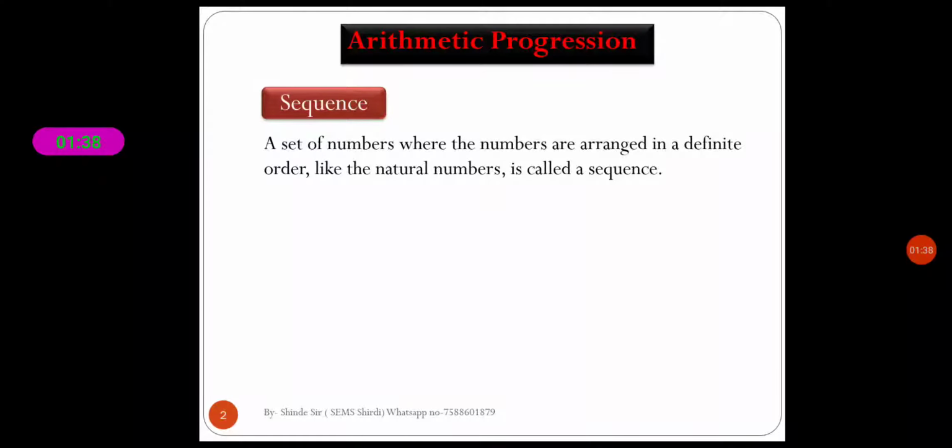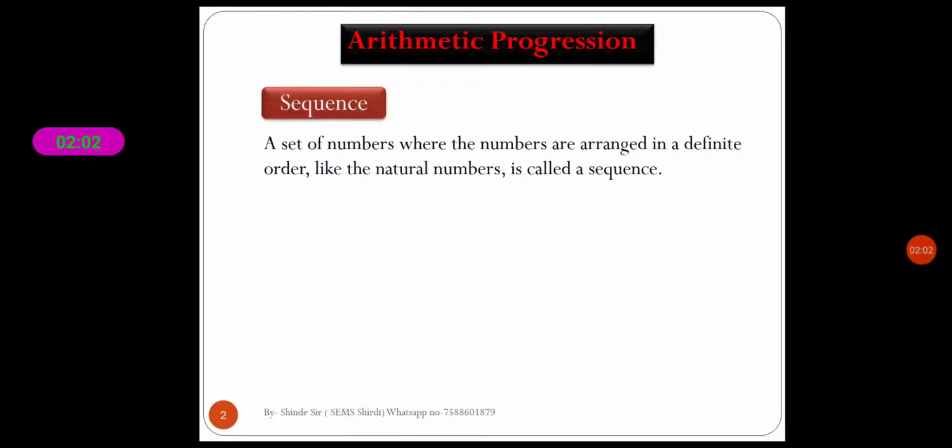You know that the natural numbers start from 1, 2, 3, 4, 5, 6, 7 and so on. Here every number has a definite order. On the fifth place of that set of numbers, which number is there? Fifth.